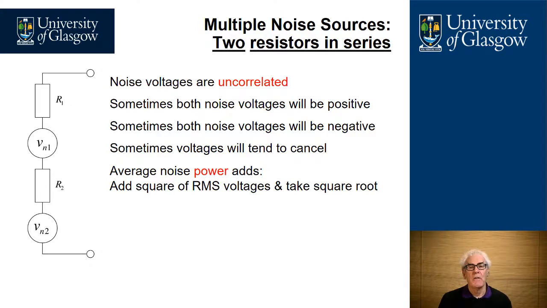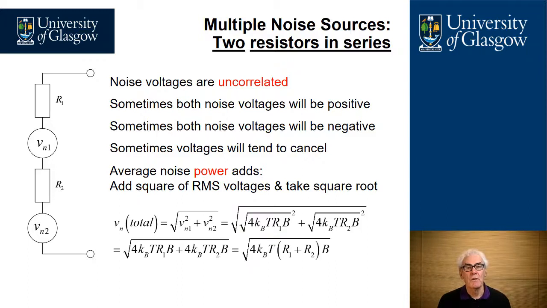So to calculate out the noise voltage, we need to add the square of the RMS voltages and take the square root. In other words, if we take the square of voltage source VN1 and add it to the square of voltage source VN2, plugging it in the Nyquist equation, we calculate out that the Vn total would be the square root of 4 times the Boltzmann constant times temperature, which is the same in both instances, multiplied by the addition of the resistors, and then multiplied by the bandwidth.